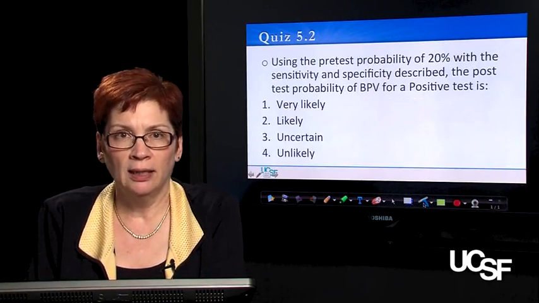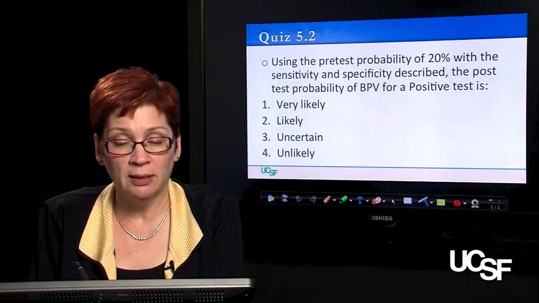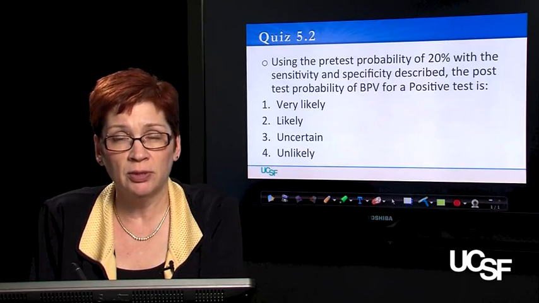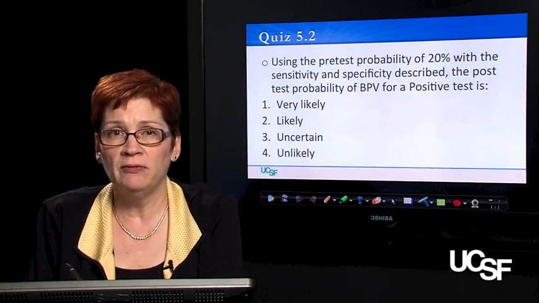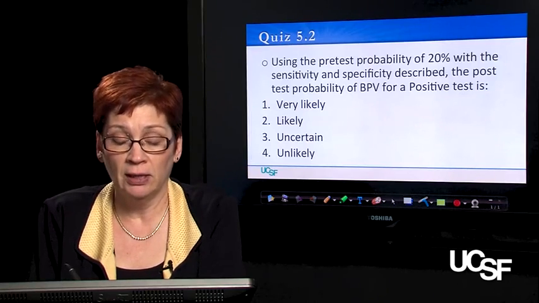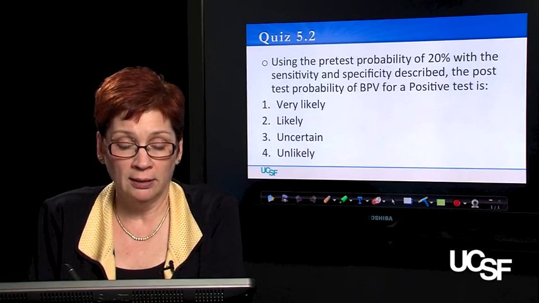So, second quiz of the day. Using the pretest probability of 20% with a sensitivity and specificity of 75% and 75% respectively, the post-test probability of BPV for a positive test is very likely, likely, uncertain, or unlikely.